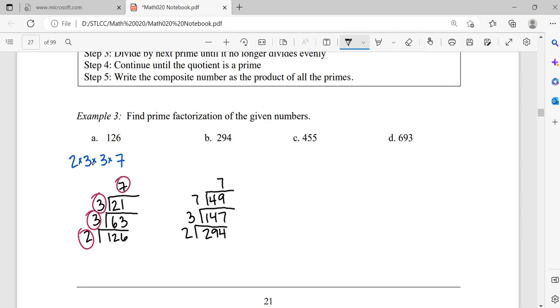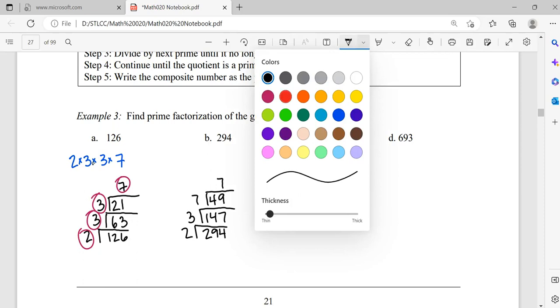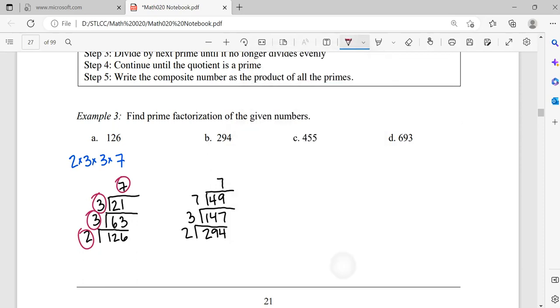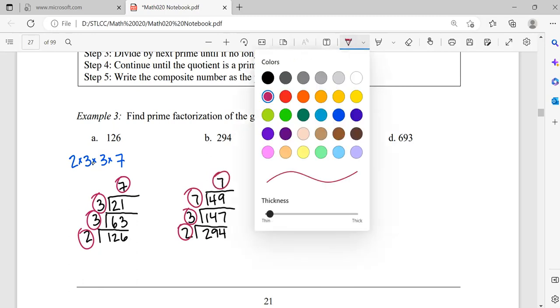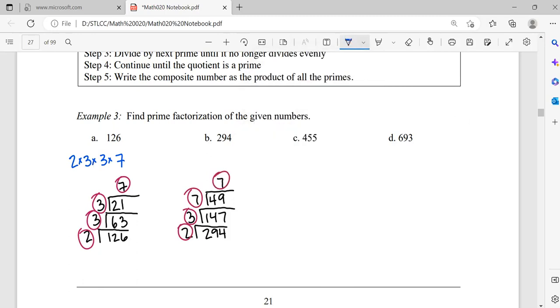Now that I've arrived at the prime number, those are my factors, 2, 3, 7, 7. So I'm going to write the answer as 2 times 3 times 7 times 7.